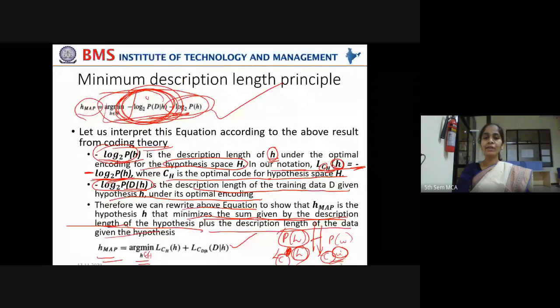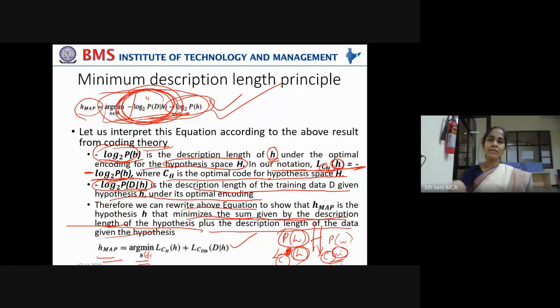Okay, that is your second term. Now your maximum a posteriori hypothesis, you are able to represent in the description length format. Is it clear now?